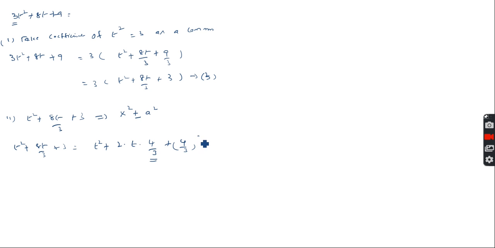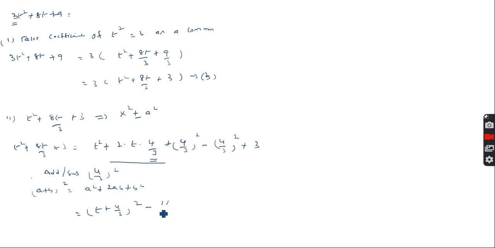4 by 3 whole square minus 4 by 3 whole square plus 3. So the form is written here by adding and subtracting 4 by 3 whole square, because a plus b whole square is equal to a square plus 2ab plus b square. So at last we get t plus 4 by 3 whole square minus 16 by 9 plus 3.